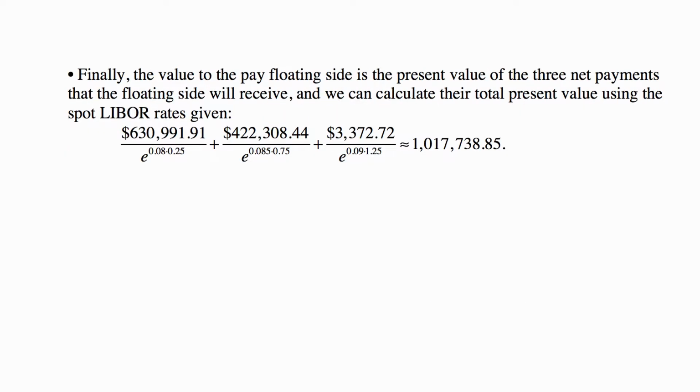And finally, the value of the pay floating side is the present value of the 3 net payments that the floating side will receive, and we can calculate their total present value using the spot LIBOR rates given, and it comes out to be a little bit over $1 million.